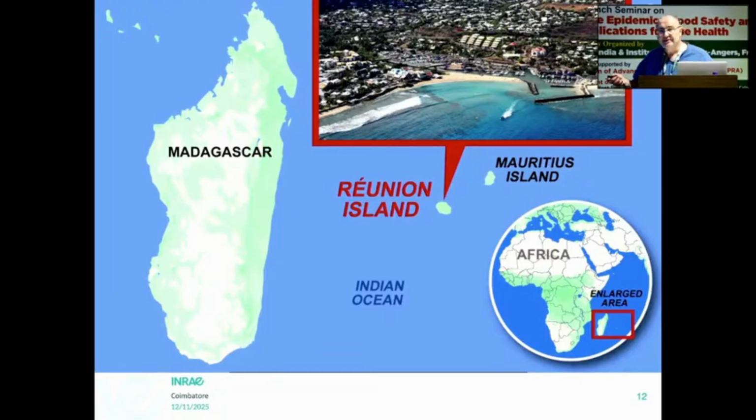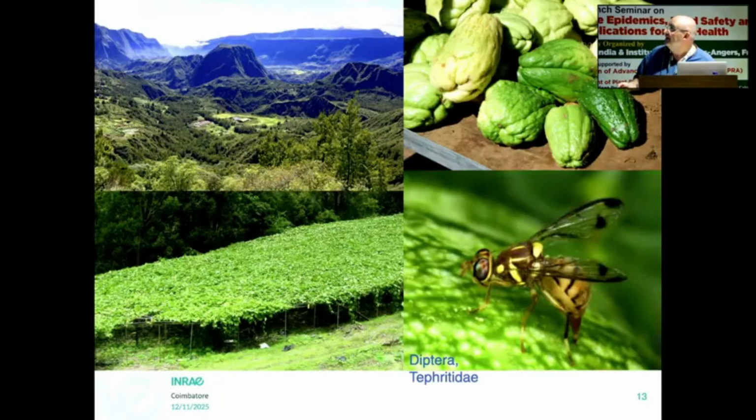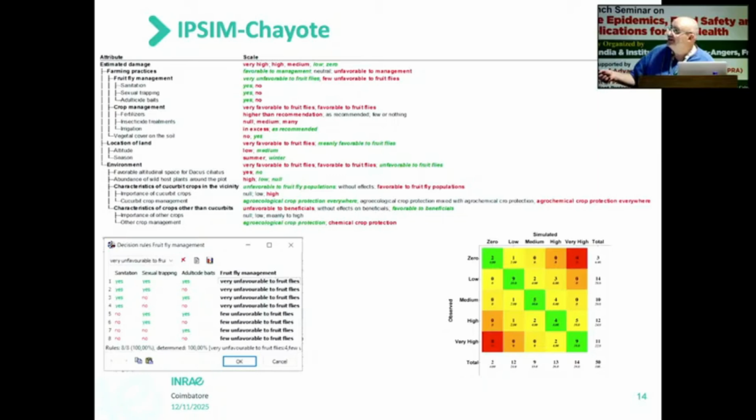It's about 5,000 kilometers from France, whereas from Paris to New Delhi it's 7,000 kilometers. So you have some pictures of Réunion Island. This is the chayote there. And on this island there was a big problem with fruit flies. This is why we came up with the idea of designing the model IPSIM chayote.